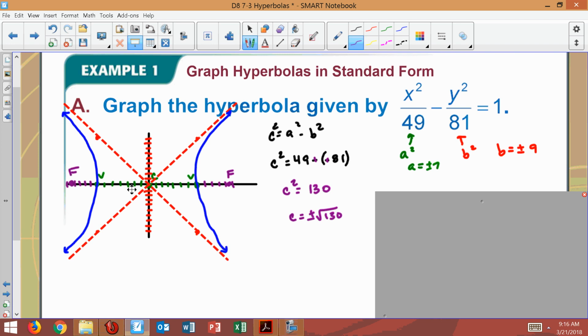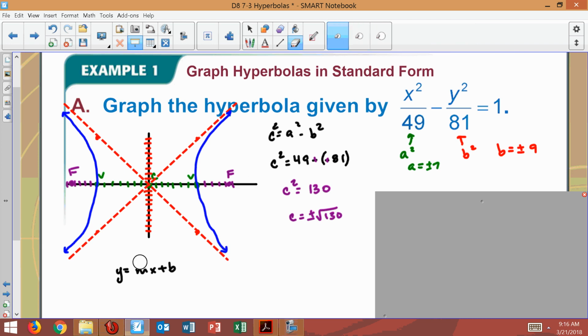If you wanted to know the equation of these asymptotes, the y-intercept is the easy part, because in this one it crosses at the origin. But what you would do for the m in the formula mx plus b is you would do the rise over the run. This was our rise. It was plus or minus 9 over the run plus or minus 7.